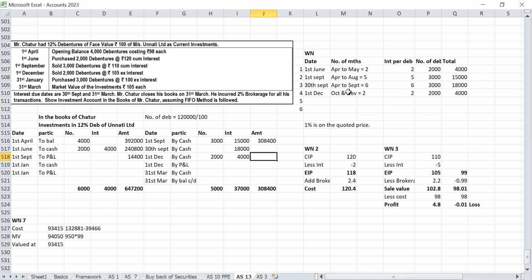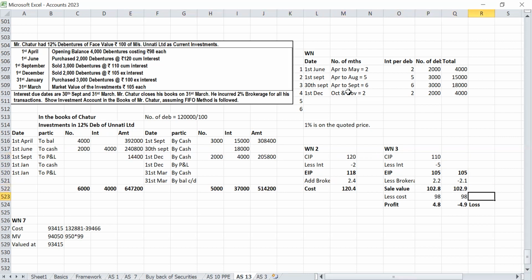Ex-interest sales price 105, sales 105 minus brokerage 2% into 105, which is 2.1. So 2,000 debentures into 102.9. Okay, by cash.